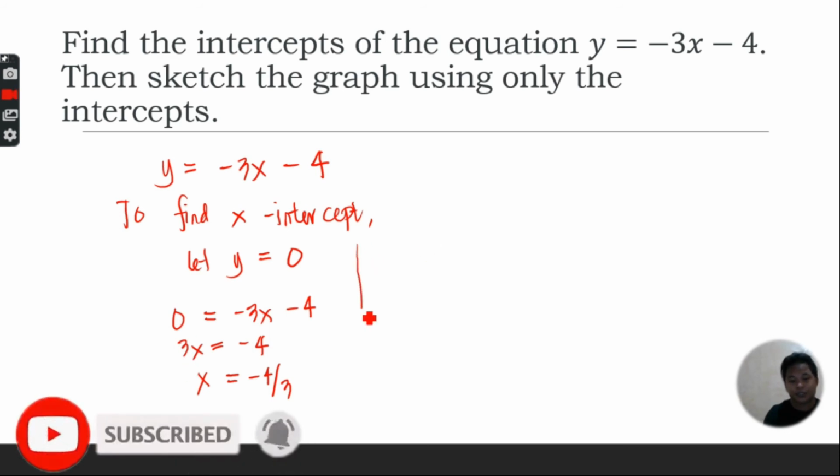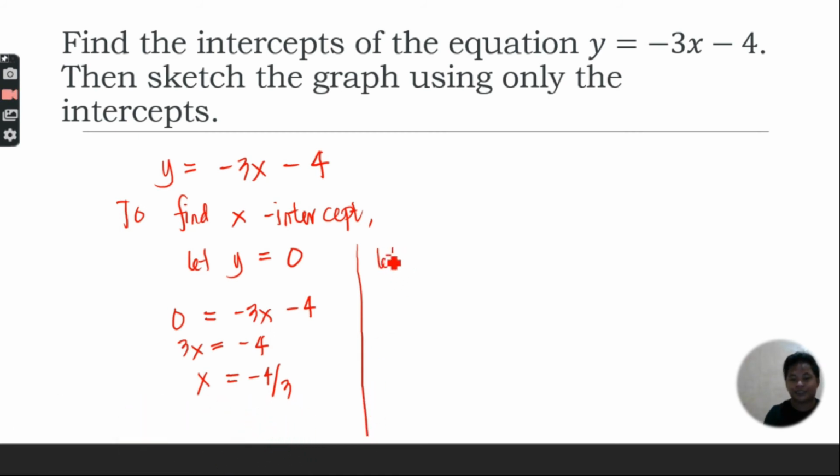Then, to find the y-intercept, let x equal 0. So y is equal to negative 3 times 0 minus 4. So therefore, y is equal to, since negative 3 times 0 is 0, we have y is equal to negative 4.